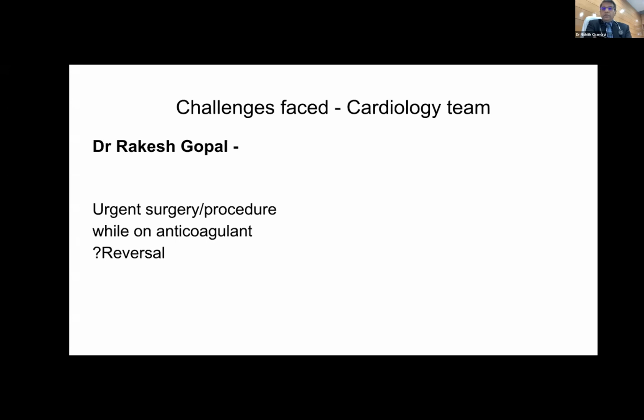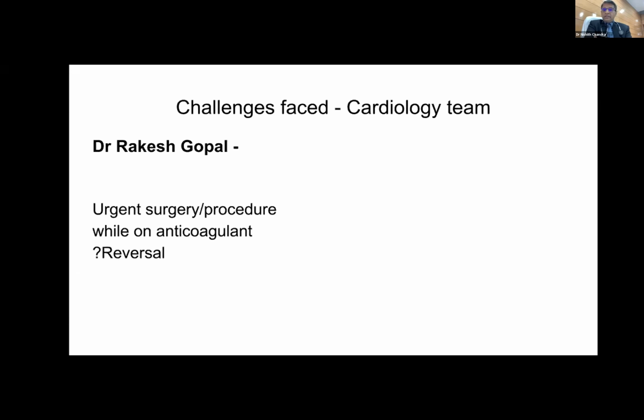And it almost immediately reverses the dabigatran bleeding potential. The patient went for this burr hole, and then the anticoagulant was resumed after the surgery. So the presence of a reversal agent is giving us confidence, but right now the reversal agent is only available with dabigatran.